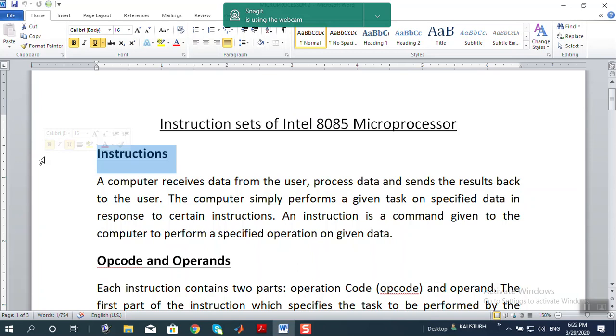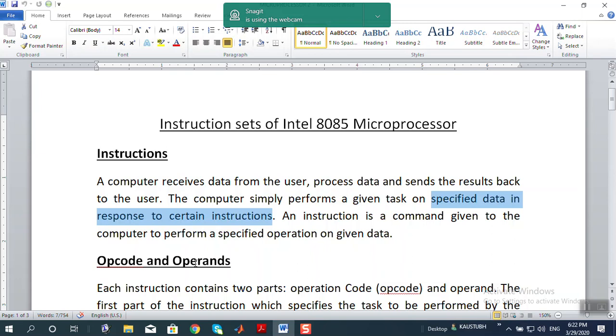So it processes data and the result is sent back to the user. The computer, I am merely talking about the processor or the CPU, central processing unit, simply performs a given task on a specified data in response to a certain instruction.